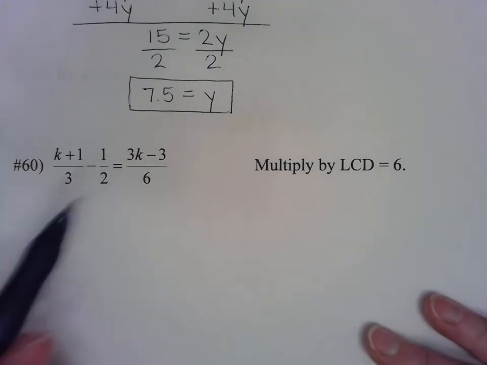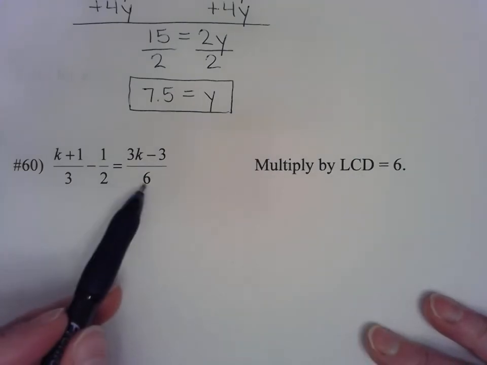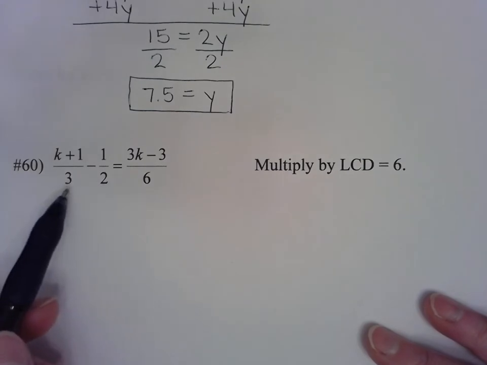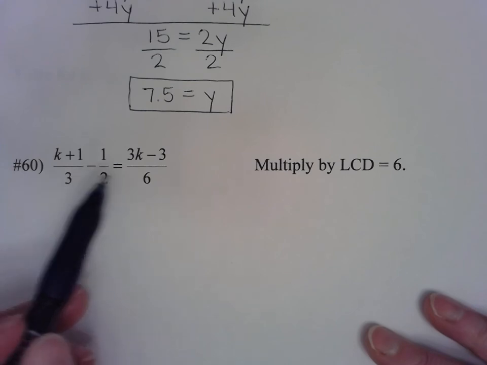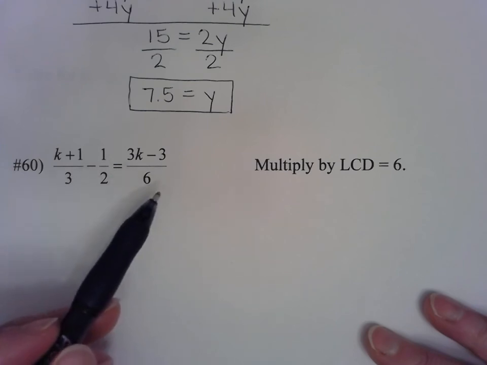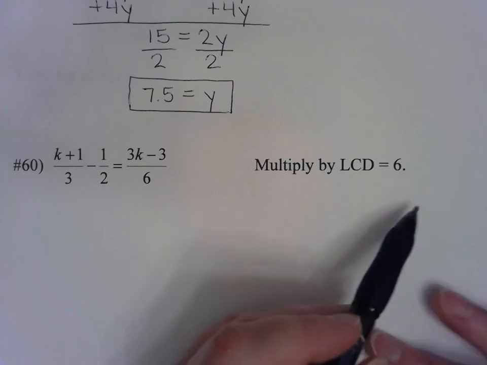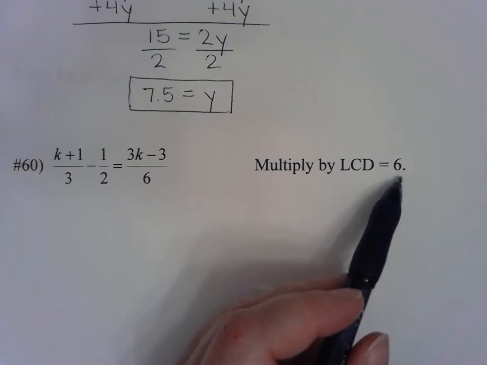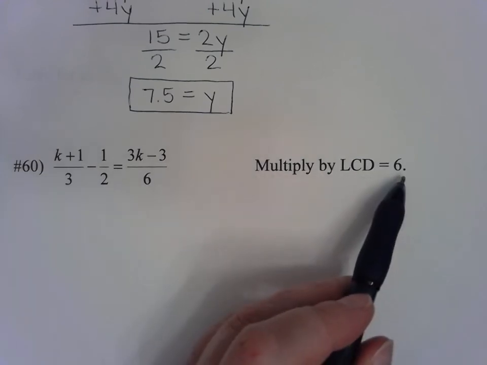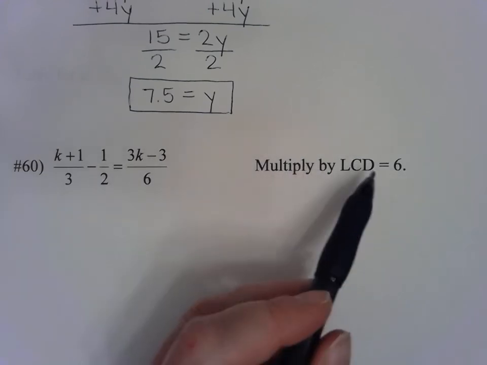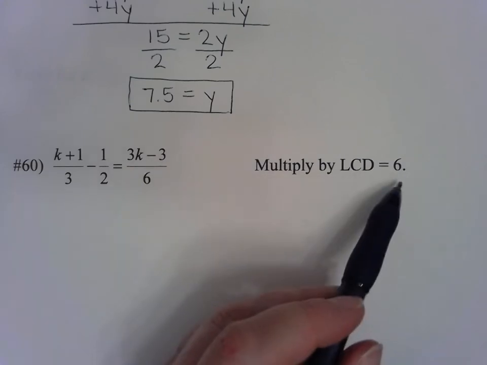I probably should have left this blank, but if we look at all 3 denominators here, we want a bigger number that all 3 of these go into evenly. I should have left this blank so we could fill that in, but 6 is the smallest number that works that way, right? 3 divides evenly into 6, 2 divides evenly into 6, and of course 6 divides into 6.